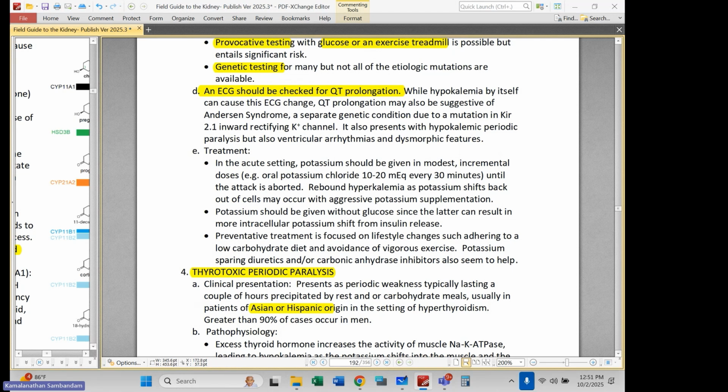Okay, so there is a form of this hypokalemic periodic paralysis that is also associated with a predisposition to ventricular arrhythmias.